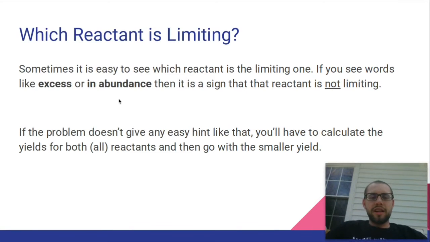If the problem doesn't give any easy hint, you'll have to calculate the yield for both reactants, or all reactants if there's more than 2, and then go with the smaller yield. Remember that these are limiting reactants. You are limited to the smaller number. You're limited to whatever the smaller yield is.